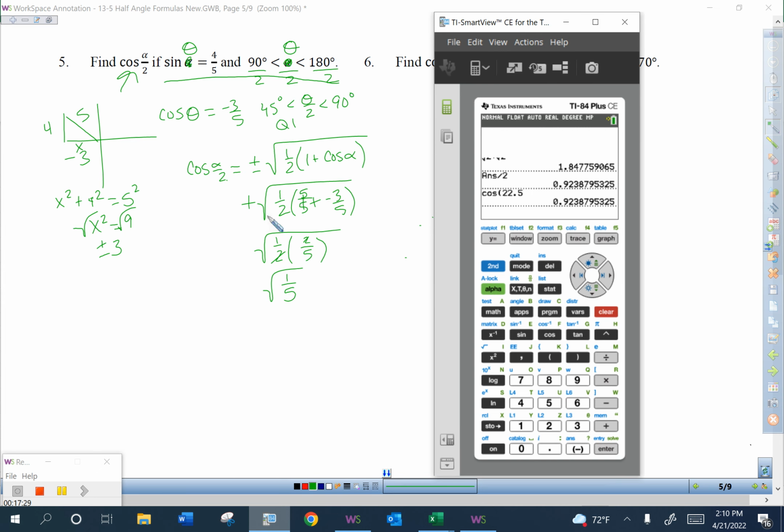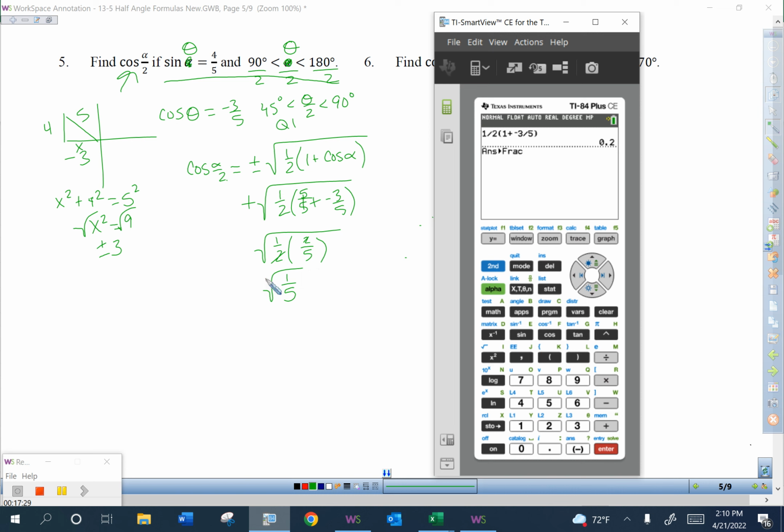So we can't put the big square root on there, but we could put the rest. It'd look like 1 divided by 2, parentheses, 1 plus a negative 3/5. And then change it to a fraction to get that 1/5 that goes underneath. Okay, completely up to you there.